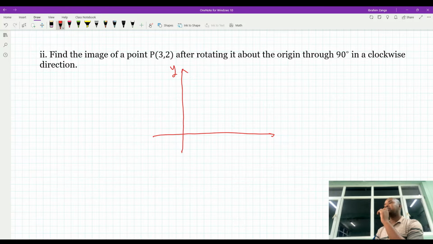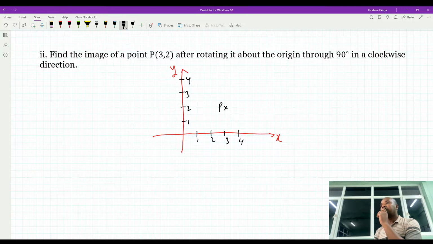So you have the y-axis, x-axis. This is 1, 2, 3, 4, and you have 1 here, 2, 3, 4, and so forth. So we have a point P, which is (3, 2). There it is, P.